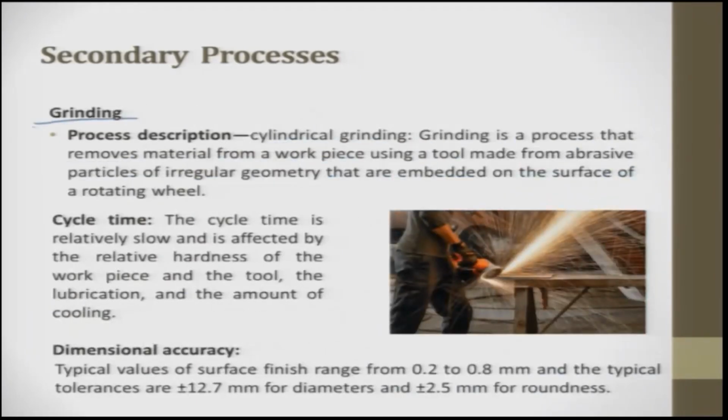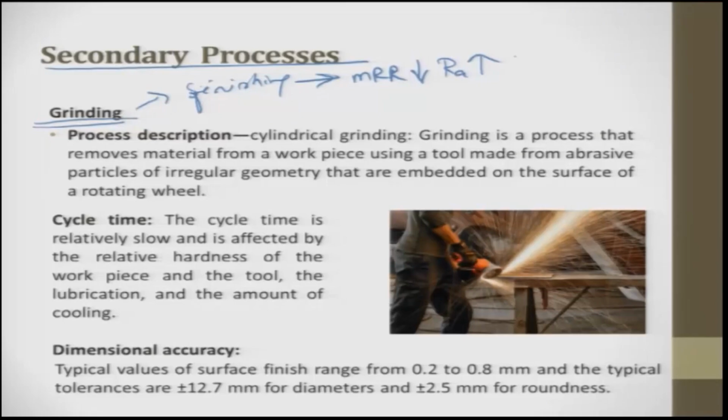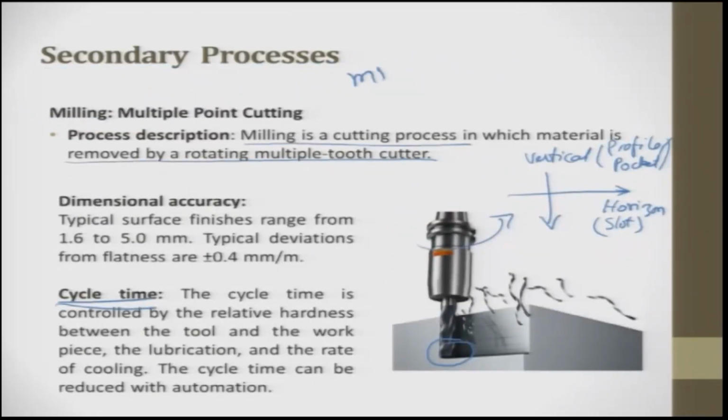Next is grinding. Grinding falls under the category of secondary process. Grinding falls under the domain of finishing. That means here the material removal rate will be very low and the finish will be very high. In these two, material removal rate will be very high and Ra will be very low.